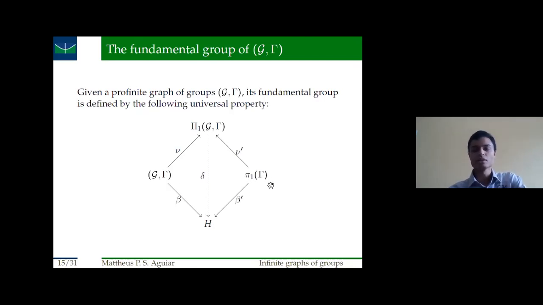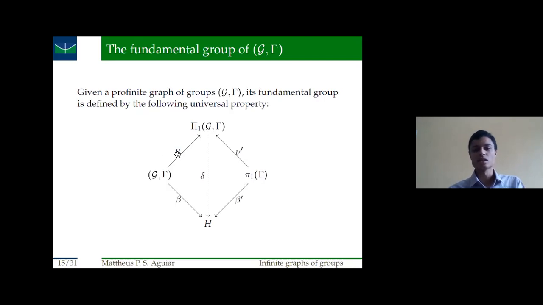It's also defined, and we can define a map nu prime that is from the fundamental group to the fundamental group of the graph of groups. And for any profinite group H, this induced map delta is unique.